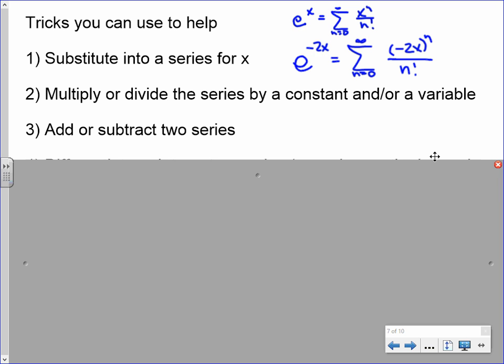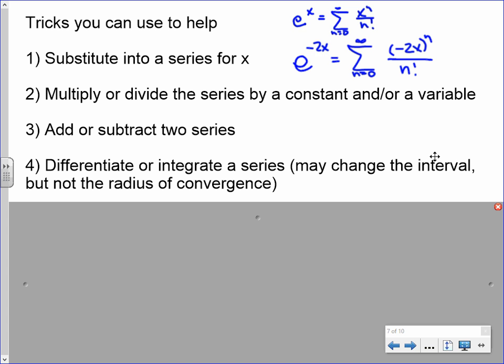We've already done that before. That's not new. Another not new piece of information: we can differentiate or integrate a series.